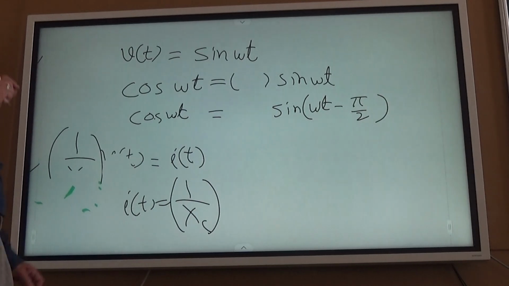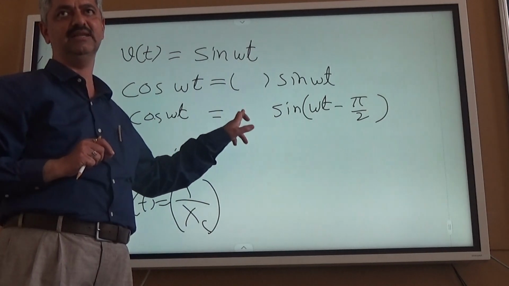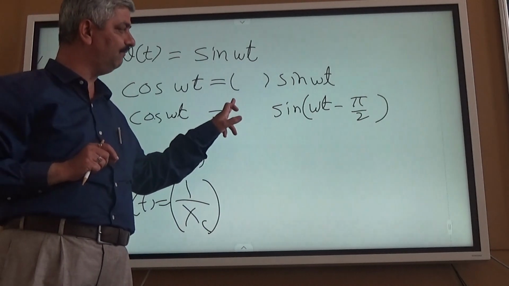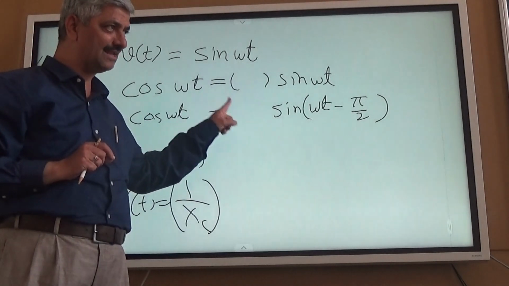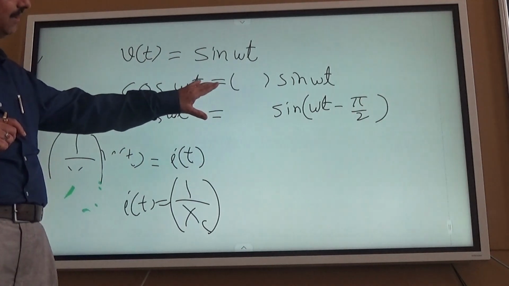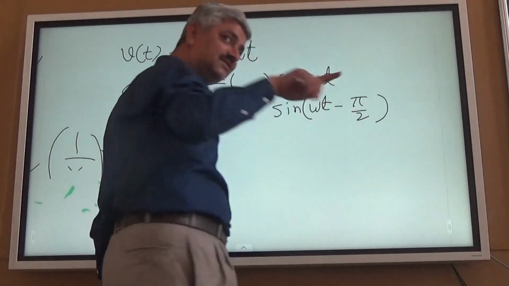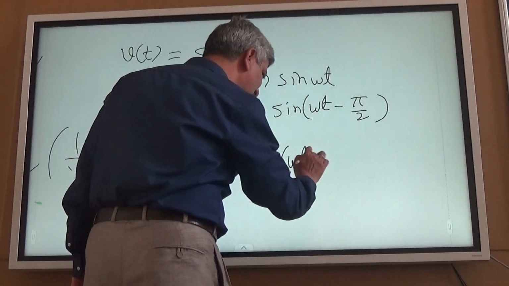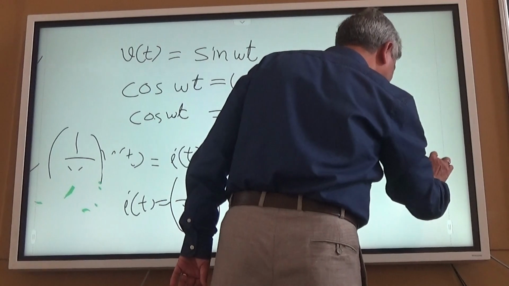So whatever real number I put here will not be able to match the terms. So what should I now be able to write down? Listen very carefully, can I write this as something to sin omega t?